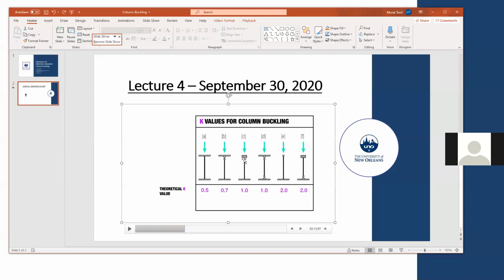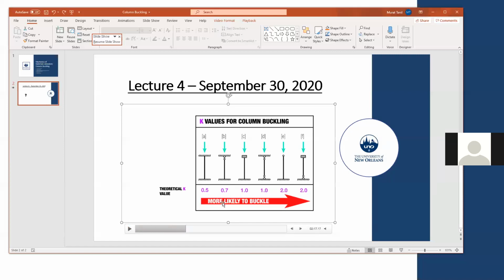And if it is free at the top, free for translation and fixed for rotation, K value is 1. That means you're going to multiply the overall length of this column by 1. And D is 1 as well. This is the pin. So these two, A and D, are the ones that we're going to use in our experiment and calculation. The rest is for your reference.